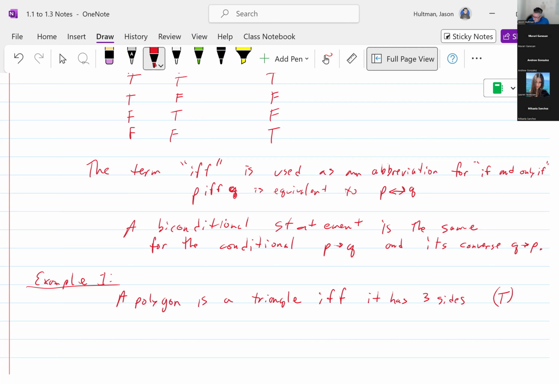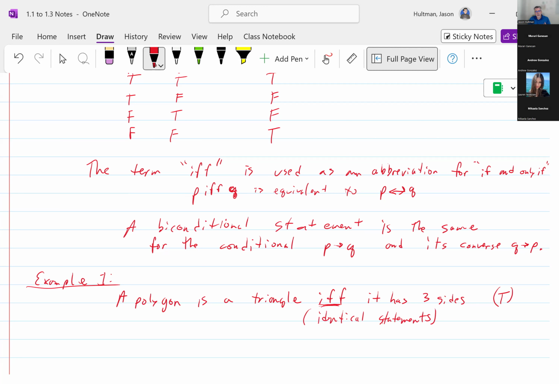The if and only if means that these are equivalent statements. A polygon is a triangle is identical to a figure with three sides is a triangle. It's the same thing. One is the other, and the other is the thing.